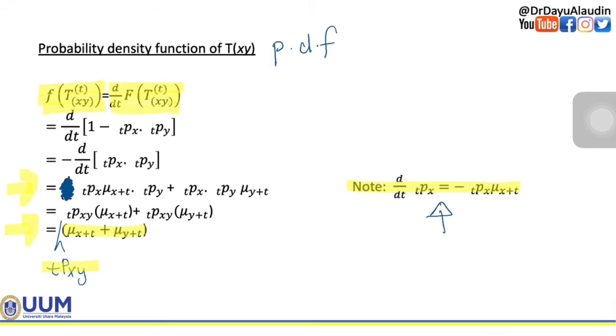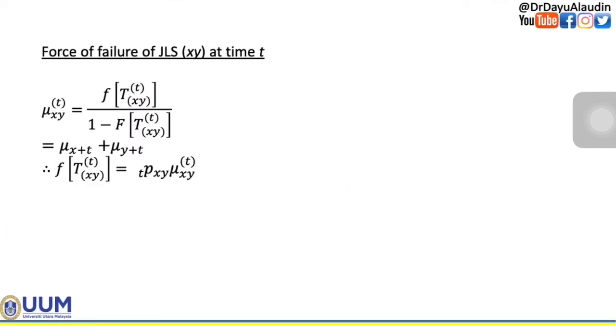Okay, let's move to the next slide. Force of failure of the joint life status xy at time t. Remember in the last course we had force of mortality. This time it is still the same, force of failure. We use mu xy t. The formula for mu is the PDF over 1 minus the big F of T_XY.